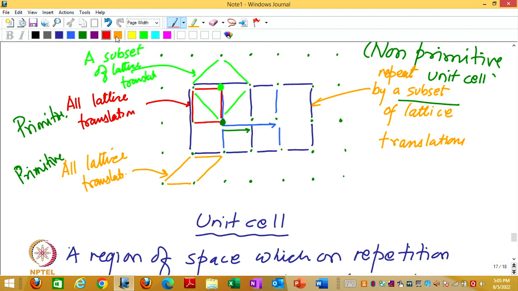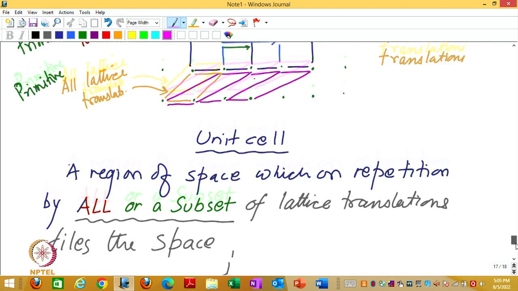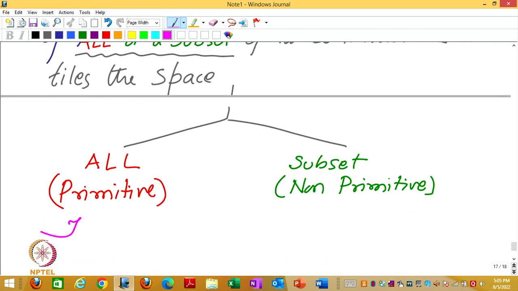So, from a square you go to this orange one, or if I am more crooked, I can go this way. This is also my primitive unit cell. This also by repetition will fill the space. So, infinitely many you can see. This is a very, very important thing to keep in mind.